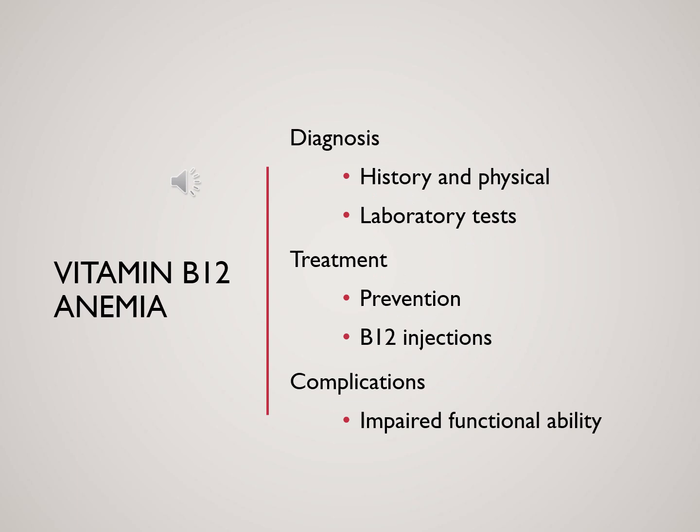So when we suspect vitamin B12 anemia, our diagnosis is going to be that history and physical and some laboratory tests. Treatment is going to be prevention and B12 injections. And we want to address complications, any impaired functional ability. So we can look at the Schilling's test that measures our B12 absorption.